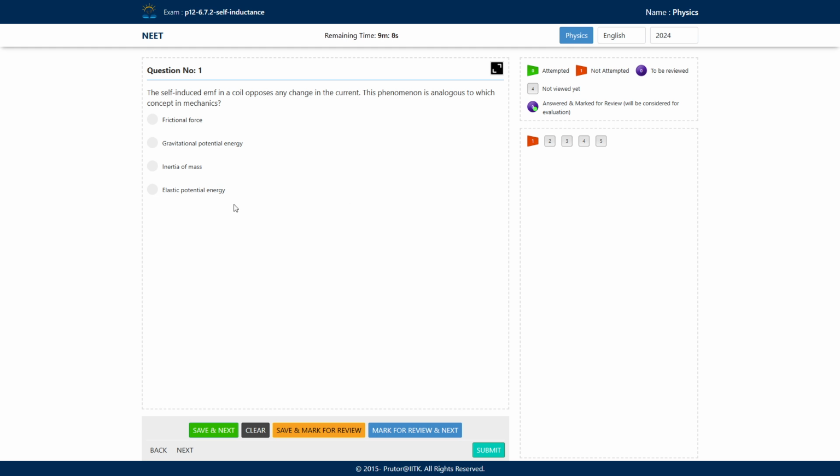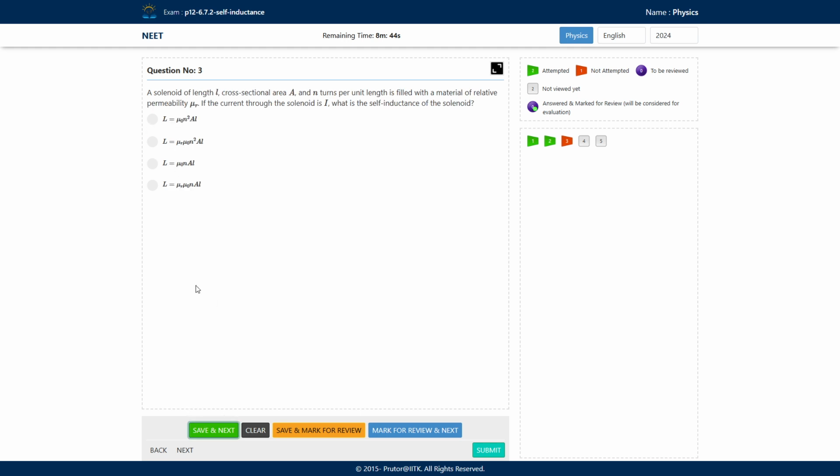Next, a solenoid with self-inductance L carries a current I. The magnetic energy stored in the solenoid is half L I square, L I square, or half I square by L.